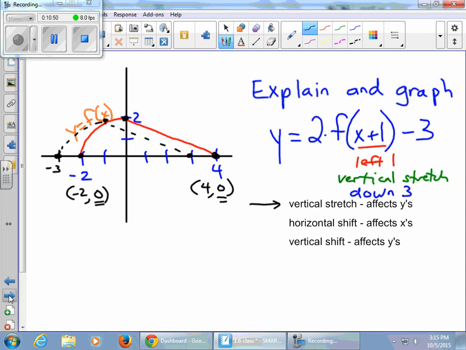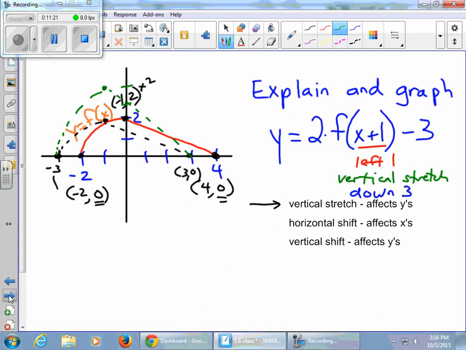And it wouldn't matter, this point or this point, the new point or the old point. But my point here that is -1, 2, if it's vertically stretched, that 2 is going to get multiplied by 2, and it's going to become -1, 4. So now my picture looks like that.